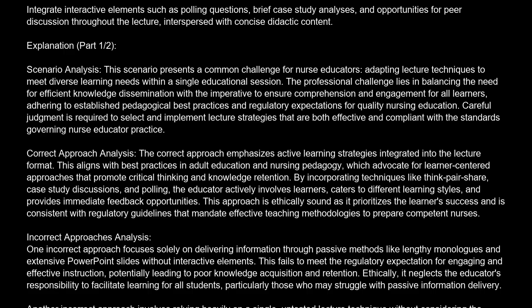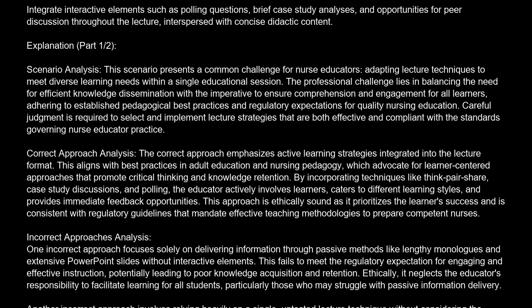Careful judgment is required to select and implement lecture strategies that are both effective and compliant with the standards governing nurse educator practice. Correct approach analysis. The correct approach emphasizes active learning strategies integrated into the lecture format. This aligns with best practices in adult education and nursing pedagogy, which advocate for learner-centered approaches that promote critical thinking and knowledge retention.